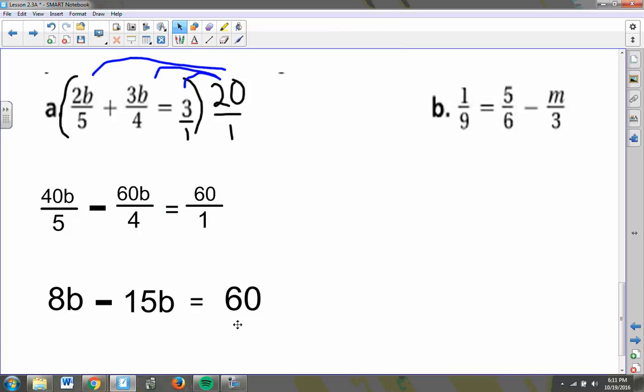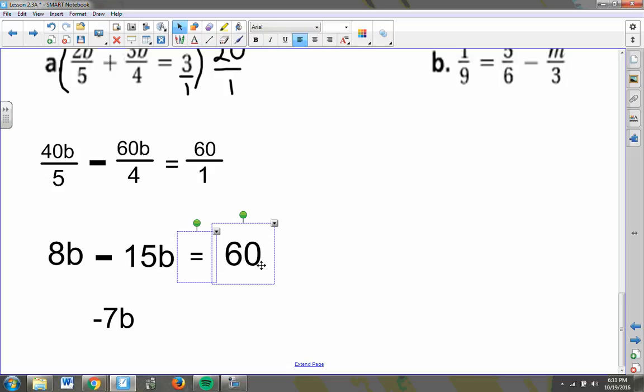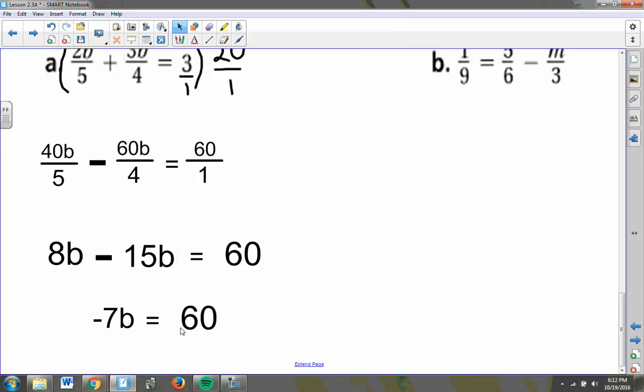equals 60. Well, 8b minus 15b would be a negative 7b. So negative 7b equals 60. And then I solve by dividing both sides by negative 7.